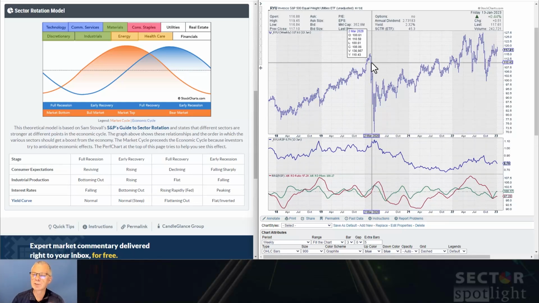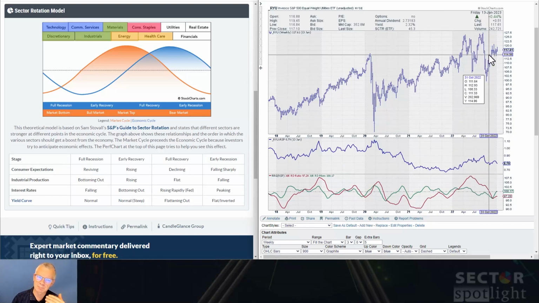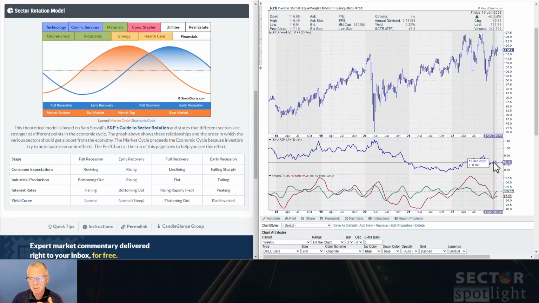Then we've got utilities, and here also you can see that weakness in relative strength that is rolling over. We have the sort of sideways movement in terms of price, a lower high in place, and very close to breaking that former low.